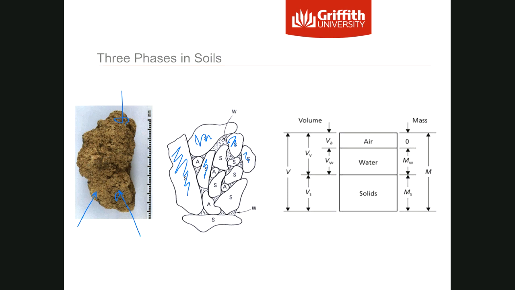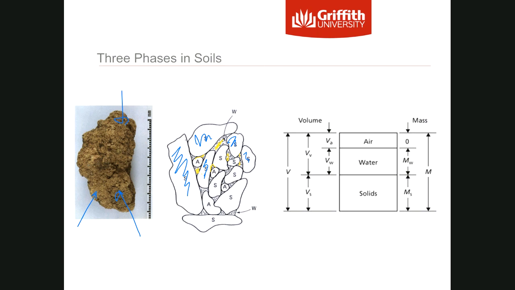So we have voids here. Everything between the soil grains will create voids, and voids can be filled with water, or if there is nothing there, maybe air bubbles. Even in water there can be some trapped air bubbles. So voids can be empty or filled with water.